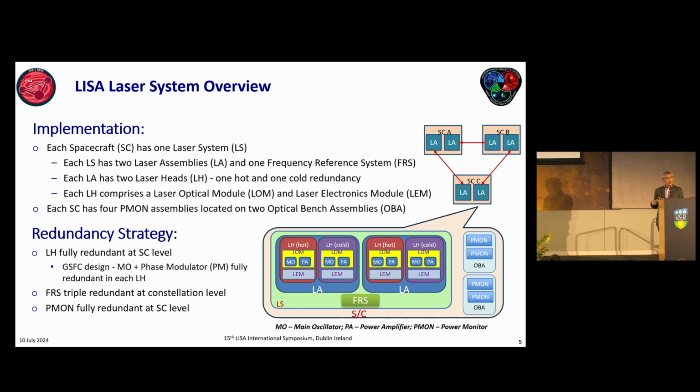Inside each laser head, we have our own internal redundancy scheme that we built in. For example, we have a master oscillator, a main oscillator, and a phase modulator that are fully redundant within each laser head. The FRS is triply redundant in the constellation, and the PMON is fully redundant at the spacecraft level.